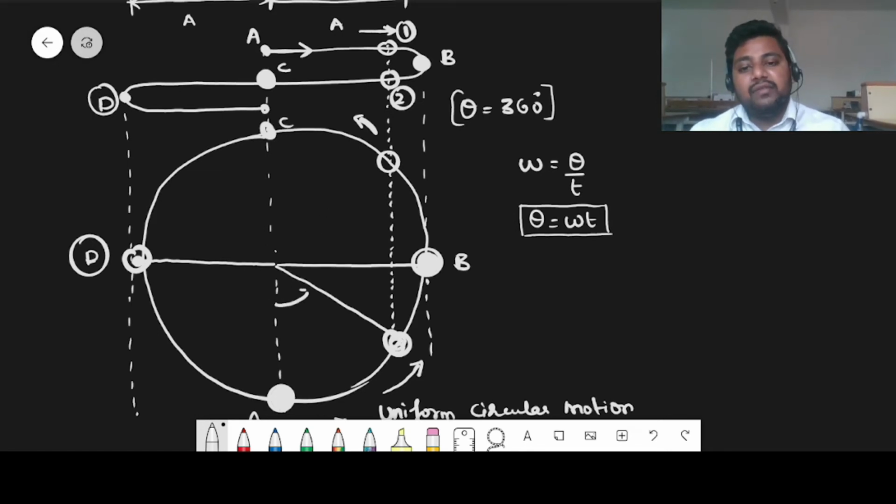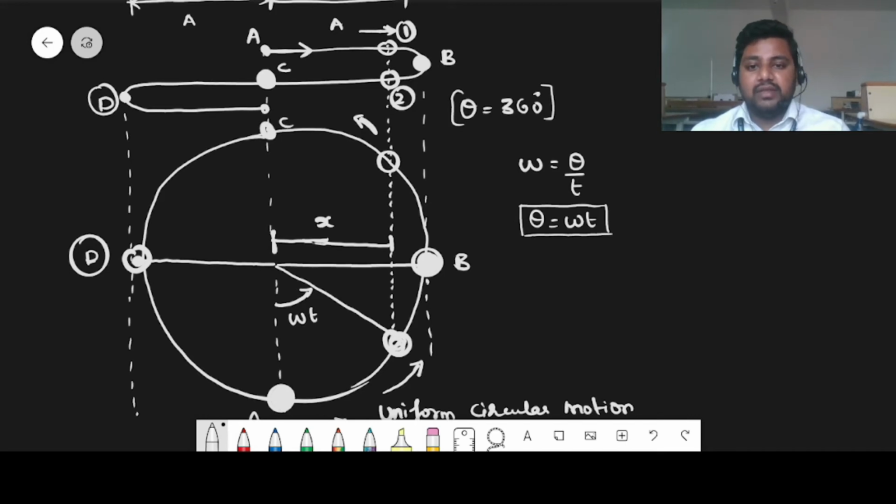Now, it might have covered an angle omega t, which can be written as theta. Now, this is the displacement. The distance from here to here is considered as the displacement of that particular particle, x.